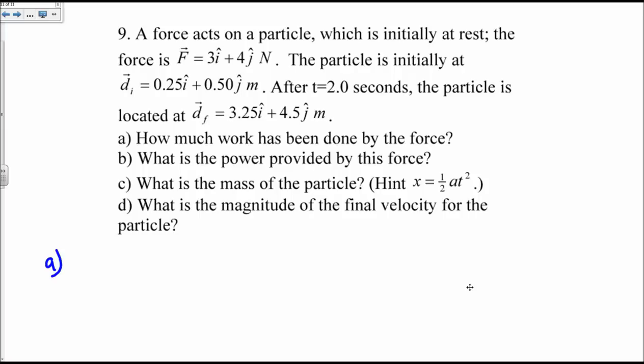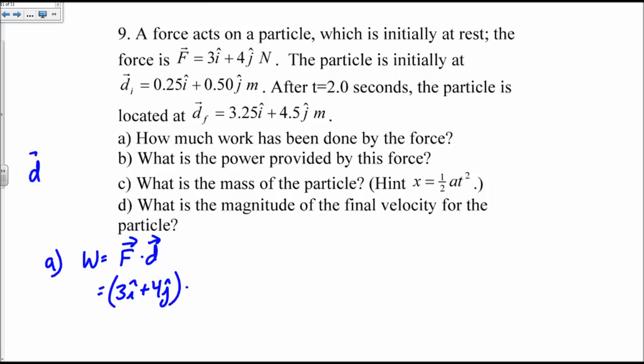So I need to write out my force and my displacement in vector notation. Work equals the dot product of F dot D. That is 3I plus 4J, dotted with my displacement vector.